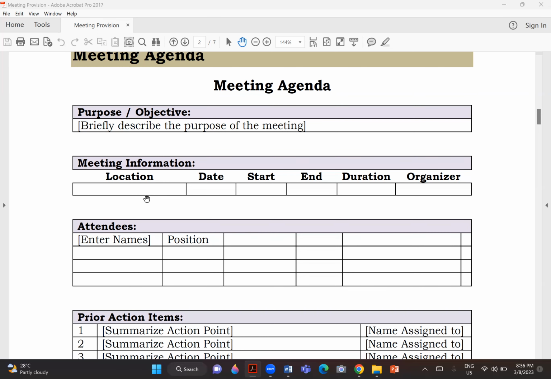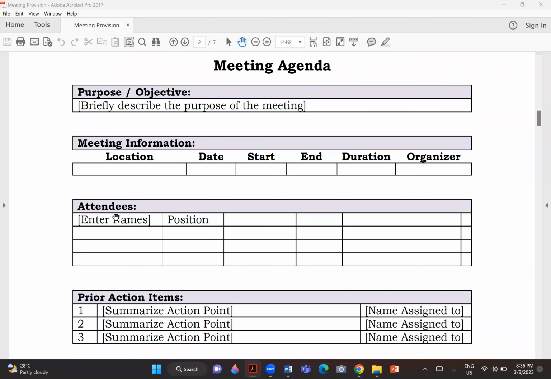The attendees section, here we need to mention the name of the person, but more important than the name of the person who will attend is the position. When someone is looking into your meeting agenda, specifically if it is an external evaluator, it's very important for them to see the specific designations of those who are attending, because they will connect it to the objective and the purpose.